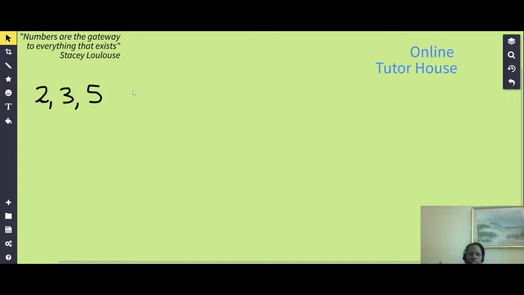All right, so we're going to do the multiples of 2 up to 30, the multiples of 3 up to 30, and the multiples of 5 up to 30. We're going to skip count until we get to 30 for all of these. And the reason why we stop at 30 is because it is the primorial of a 5. So that's where they converge. That's where all of them are multiples of each other.